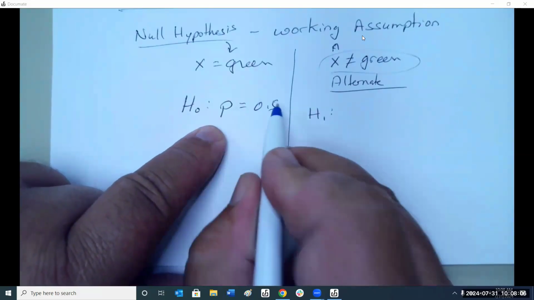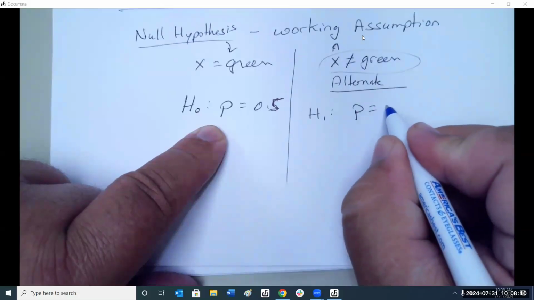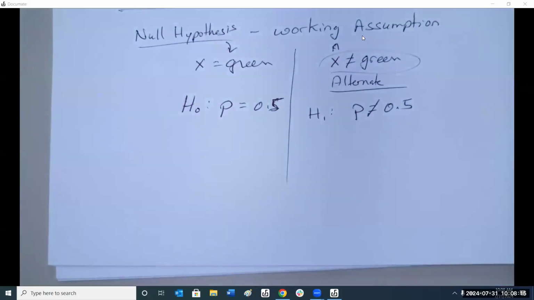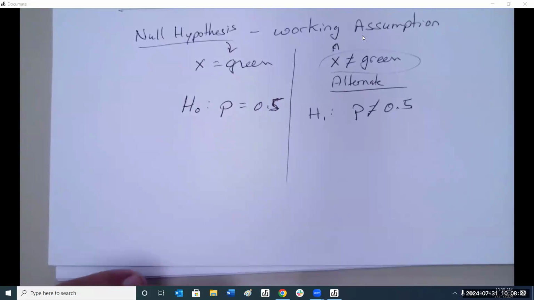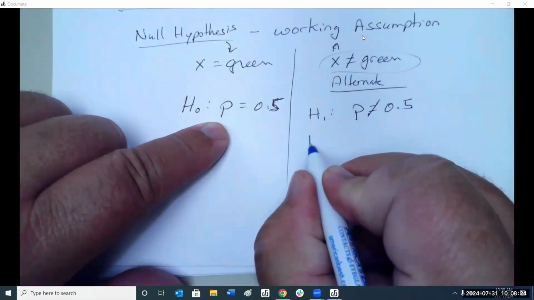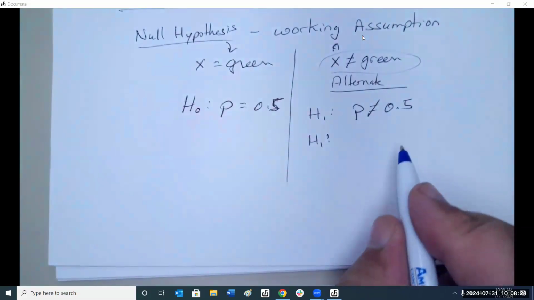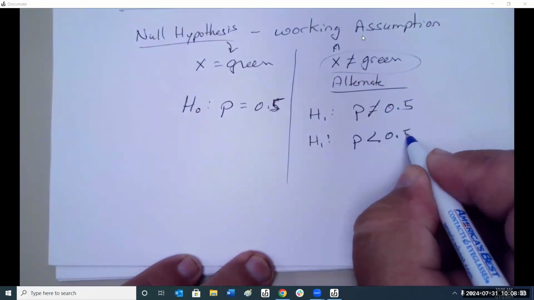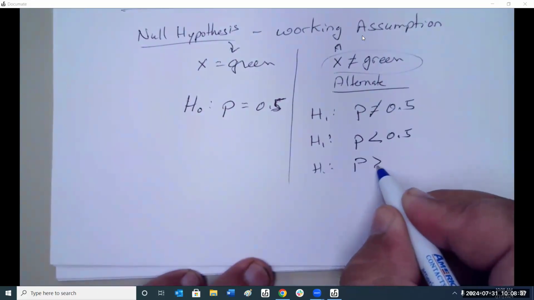If we're saying P equals 0.5, then the opposite of that would be P does not equal 0.5. Or, since it's not equal to 0.5, there are two possibilities. It can be less than 0.5, or it could be greater than 0.5.